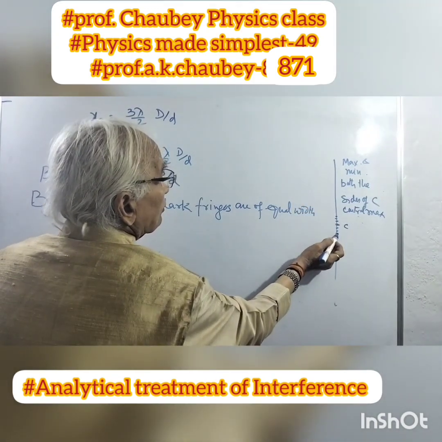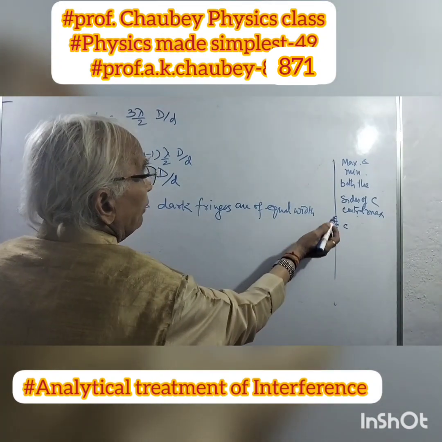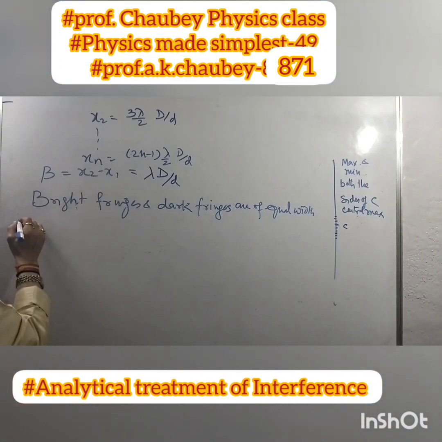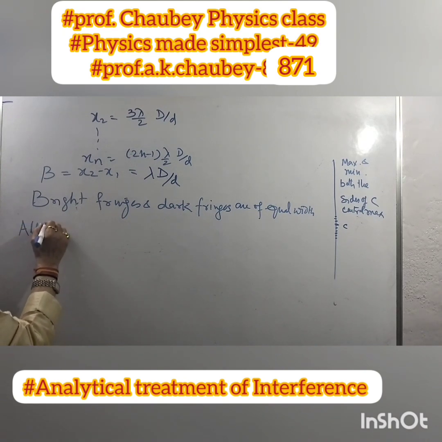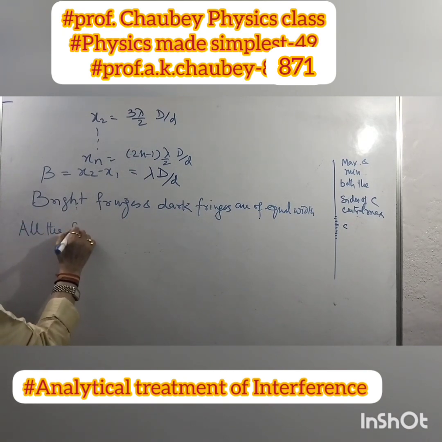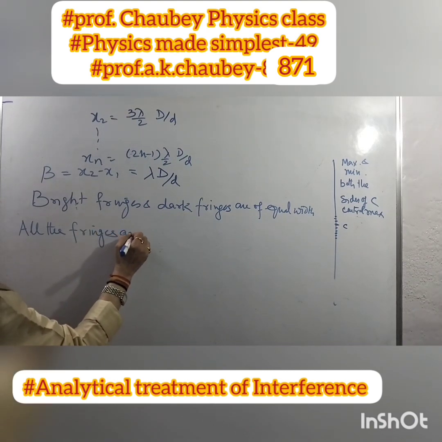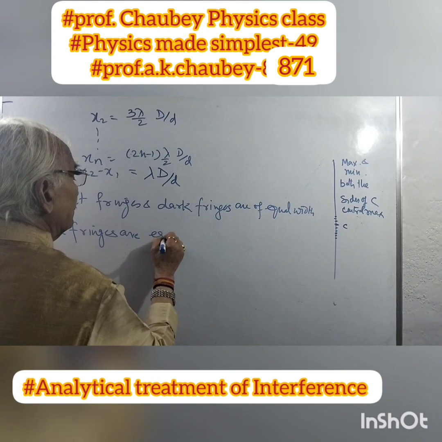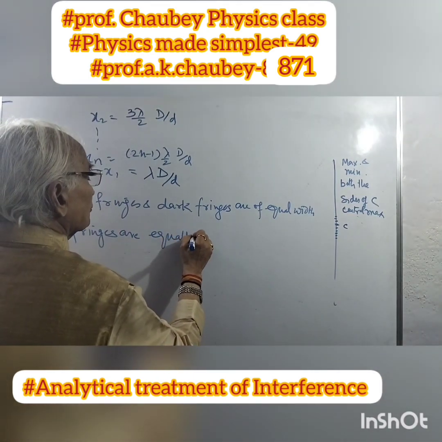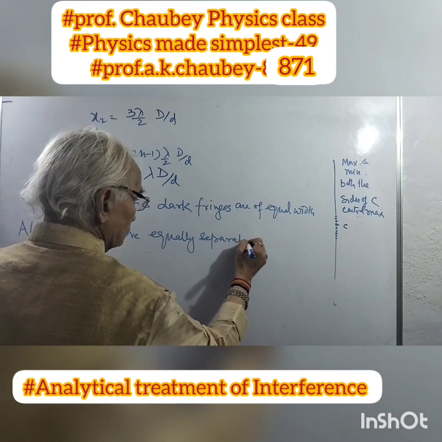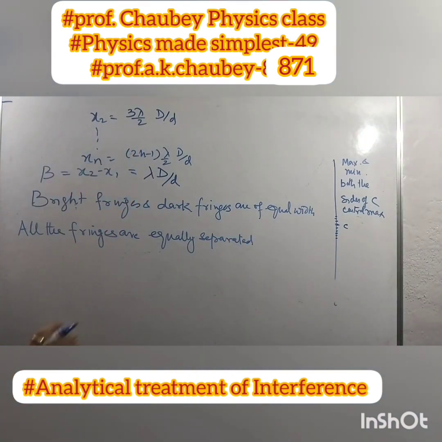This separation, black and white, black and white, all are equally separated. This means the fringe distance is constant.